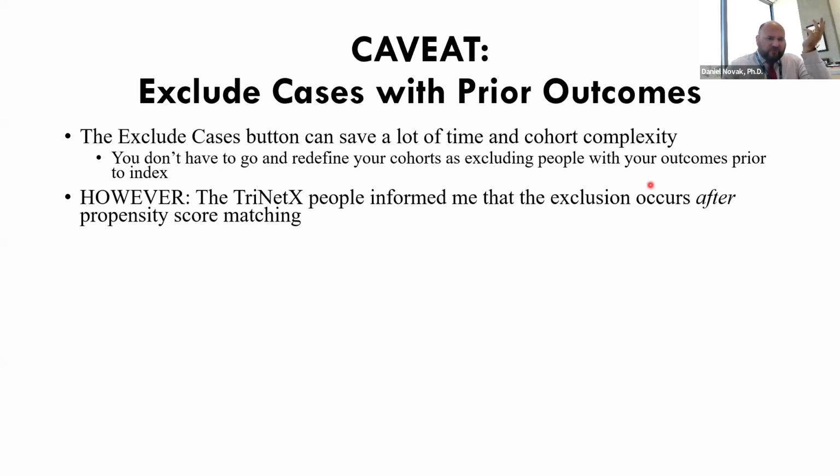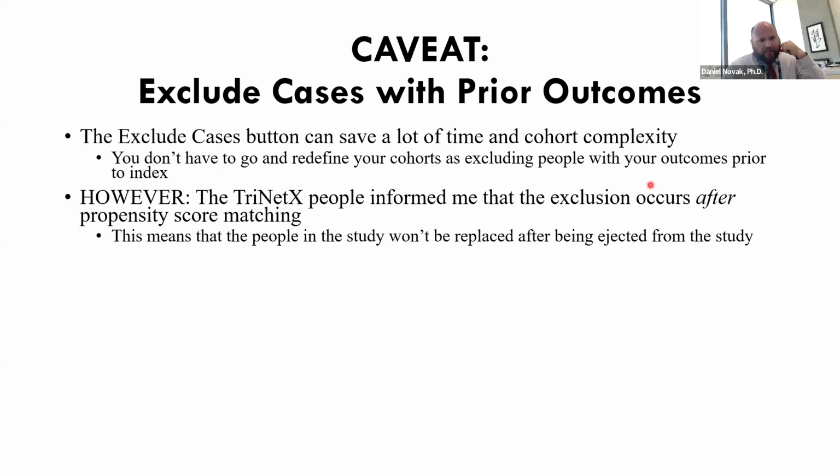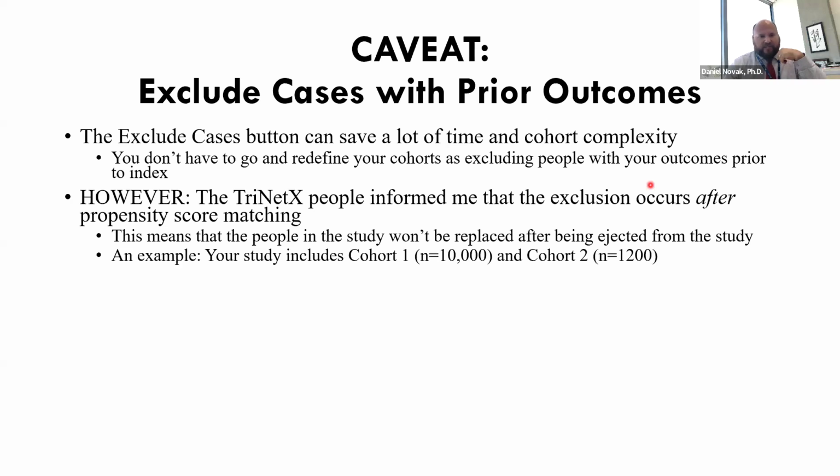However, if you do that, it excludes people after propensity score matching. The reason that's so problematic is the people in your study won't be replaced after being ejected, right? So you're doing your propensity score matching, and then you have a couple of people, let's say, we'll take an example here.